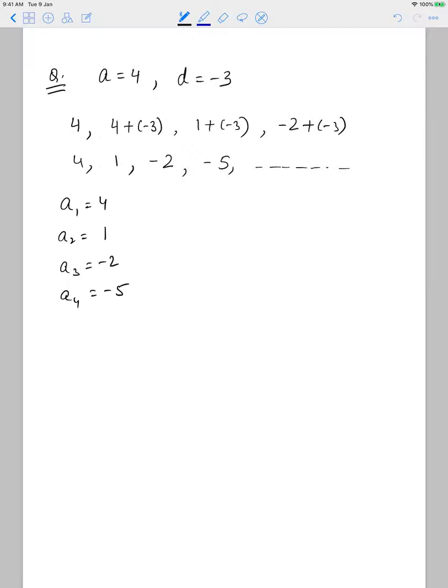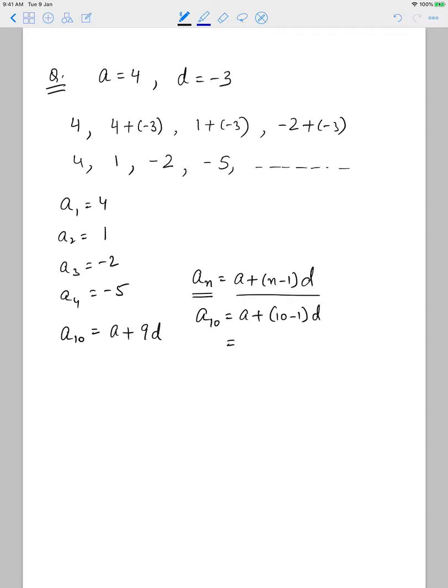Suppose instead of finding the consecutive terms, I want to find out straight away the 10th term. There is no need to write all the terms starting from 1, 2, 3, 4, 5, 6, 7, 8, 9, 10. We can directly use the formula. As I told you just now, the 10th term will be A plus 9D, because we have learned the formula An is equal to A plus (n minus 1) into D. For the 10th term, n is equal to 10, so A plus (10 minus 1) into D gives A plus 9D.